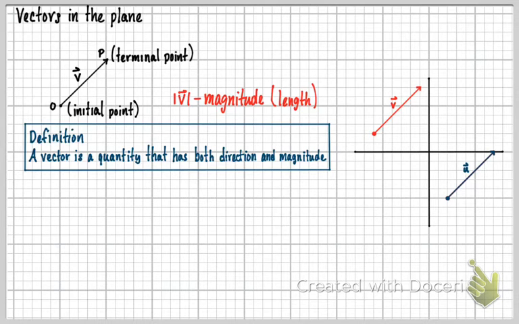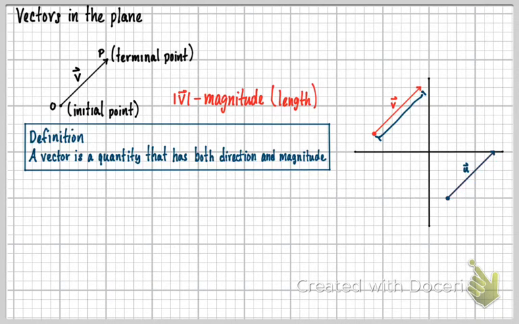I can say these two vectors are equal, because the distance between them is the same and they're going in the same direction.